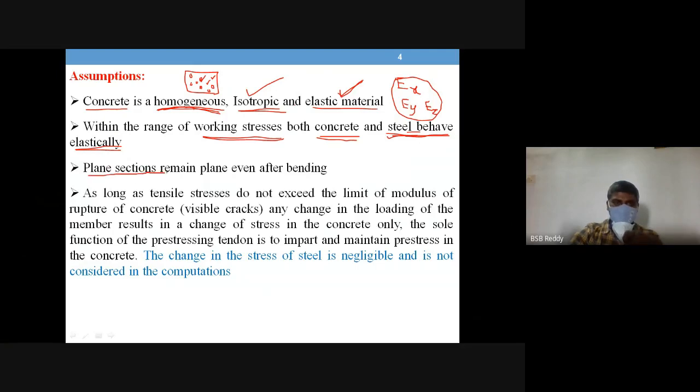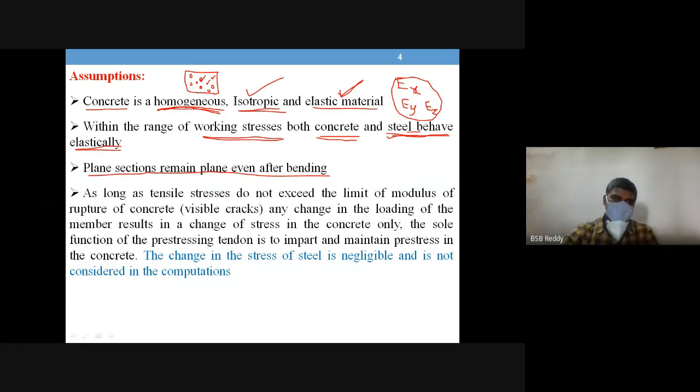And this assumption, plane sections remain plane even after bending, you have already used when analysing and designing reinforced cement concrete.